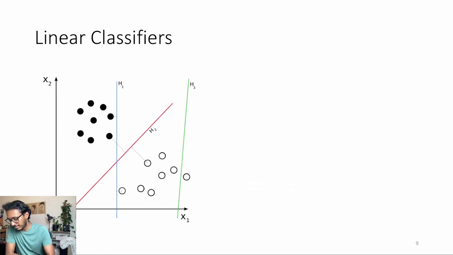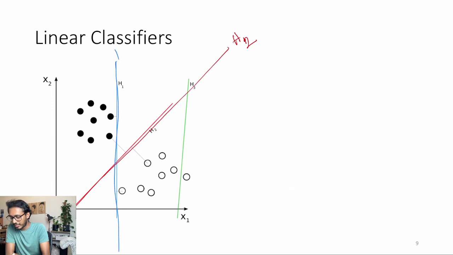So here we have three lines. H1 seems to be a good classifier, and H2 seems to be a good classifier. Then we have H1, again not too bad, but H3 is really bad.